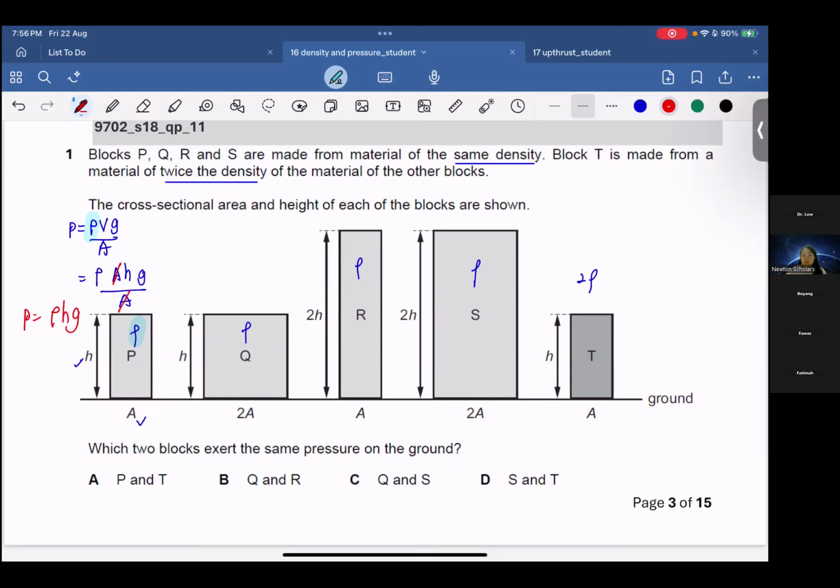Hey, I'm back. Not correct, try again. The last one, block T, density is 2, double. Which part did you substitute wrongly? How about others?